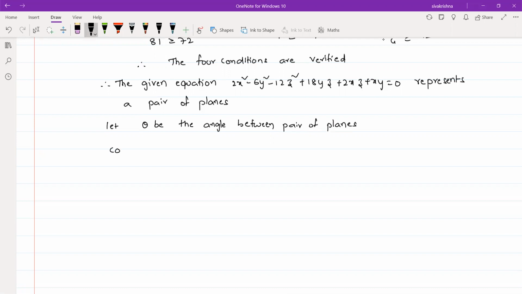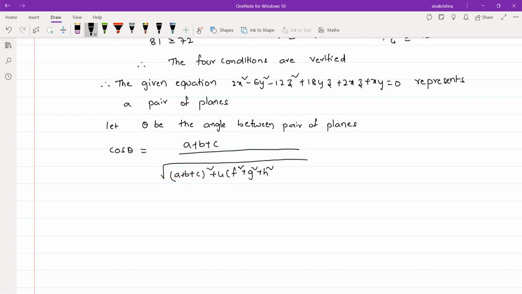Then we can write cos theta is equal to a plus b plus c divided by the square root of a plus b plus c whole square plus 4 into f square plus g square plus h square minus ab minus bc minus ca. So this is the formula to find the angle between the pair of planes.